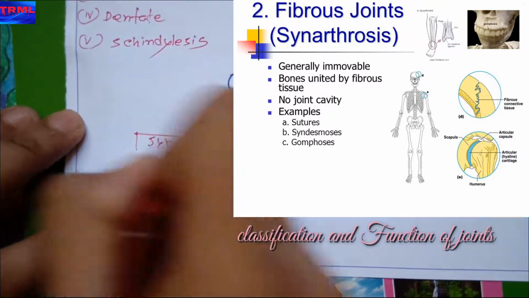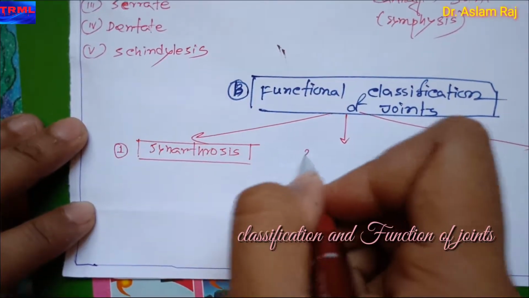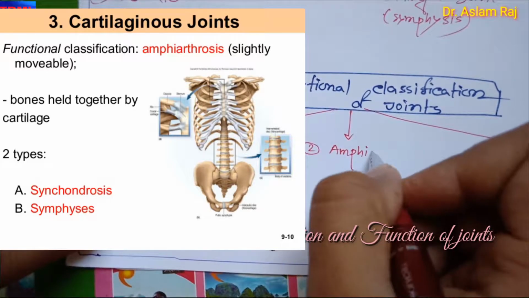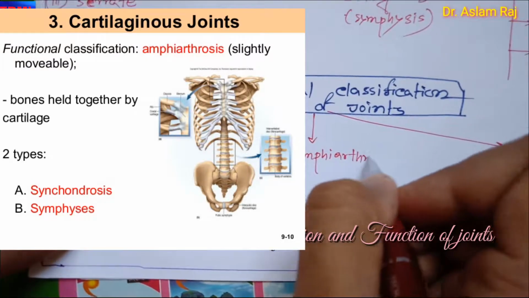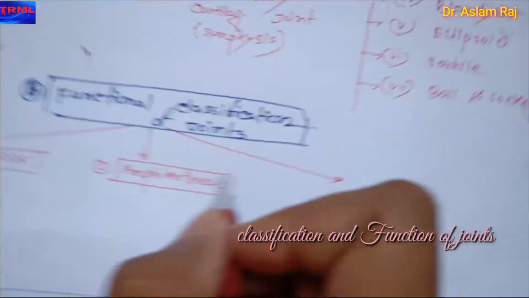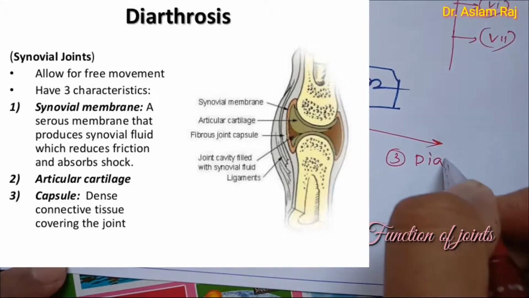Synarthrosis, guys, you may see on the right side. And second one is amphiarthrosis. It is also called cartilaginous joint. Two types, synchondrosis and symphysis. Both are amphiarthrosis and cartilaginous joints, slightly movable.